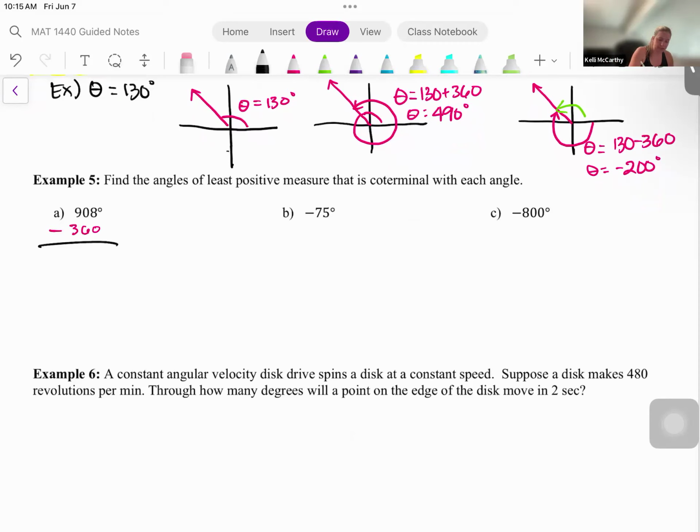When I subtract 360 degrees, I get 548 degrees. This is still greater than 360, so I'm going to subtract another 360. And now I'm at 188 degrees. And I can't go any further. If I subtract another 360 degrees, I'm going to get into negative angles. So this is the coterminal angle of least positive measure to 908 degrees.